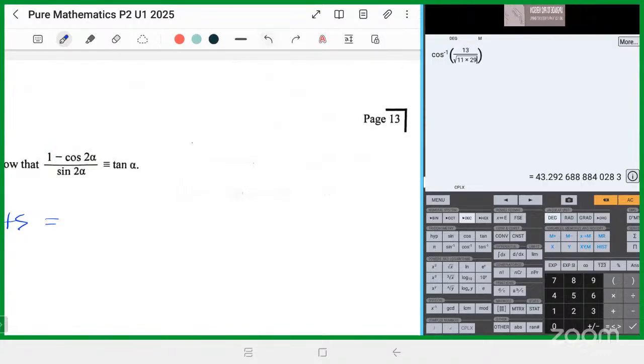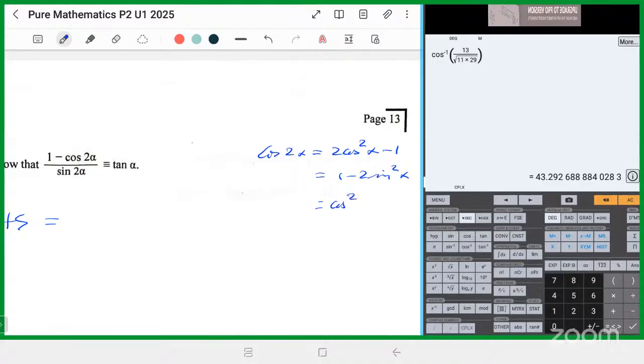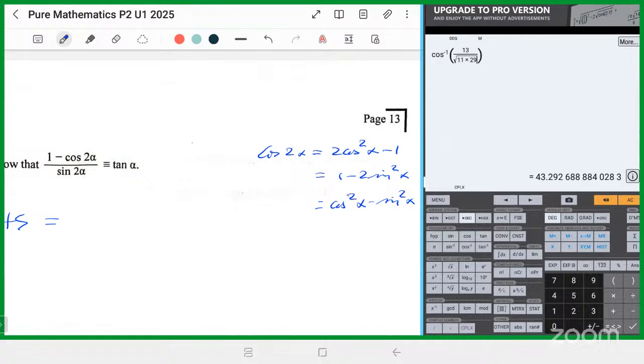Remember cos 2 alpha is 2 cos squared alpha minus 1, or 1 minus 2 sine squared alpha, or cos squared alpha minus sine squared alpha. Based on this, we want to be subtracting a 1, we have 1 minus something, so we're going to be using this one.